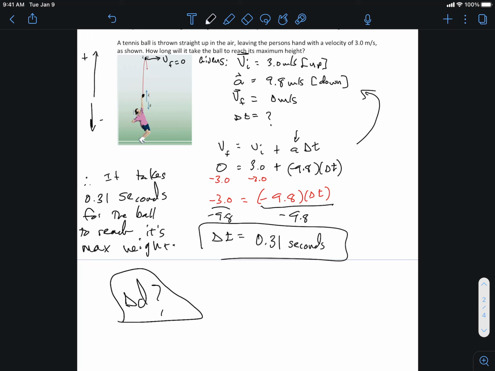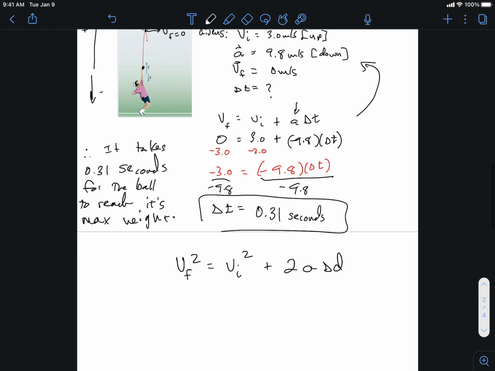The equation you could pick could be this one. I could ask you anything about the motion of an object, really. That's what's cool about these kinematic equations. I don't have an equation explicitly for delta D that'll work here, but you could pick this equation, VF squared is equal to VI squared plus 2A delta D. You could do all the back solving.